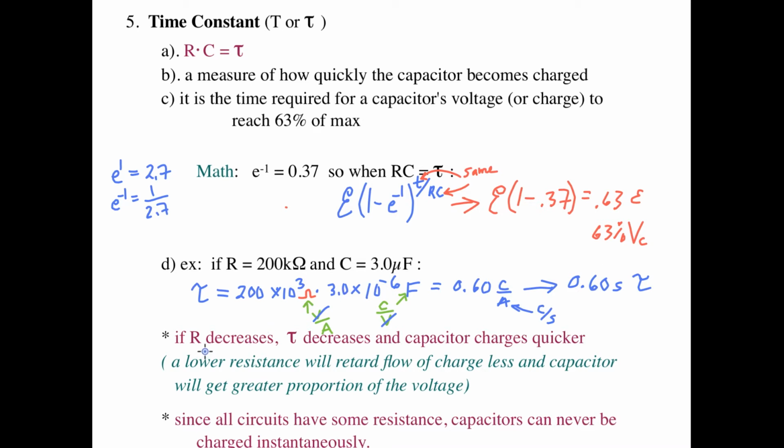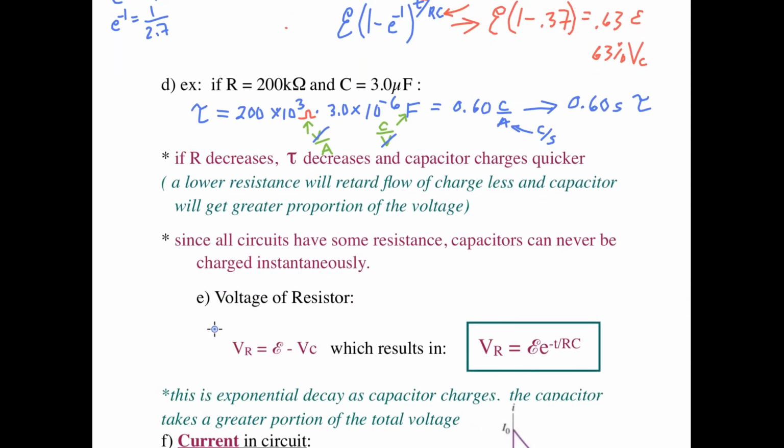If R decreases, so if we have a lower resistance resistor in our circuit, then our time constant tau is going to decrease. And if our time constant decreases, then we will reach charge quicker. So if you want a quick charge of your capacitor, but that will also mean a quick discharge, then you can use a lower resistance resistor.